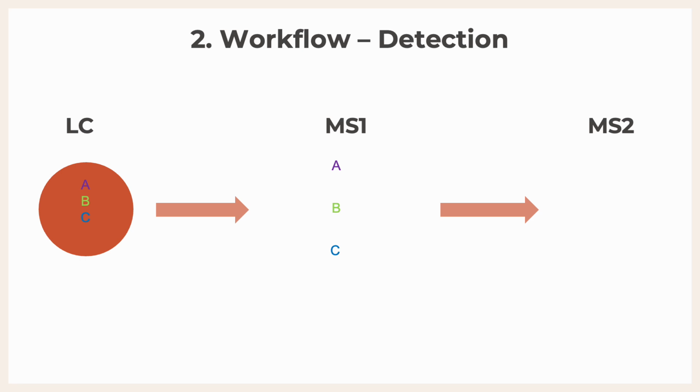And then for our MS2, we're going to look at protein chain A just for this example, but keep in mind this does happen for B and C as well. So for MS2, we're going to break apart our smaller protein chain A into smaller transitions A1, A2, and A3, or AN.